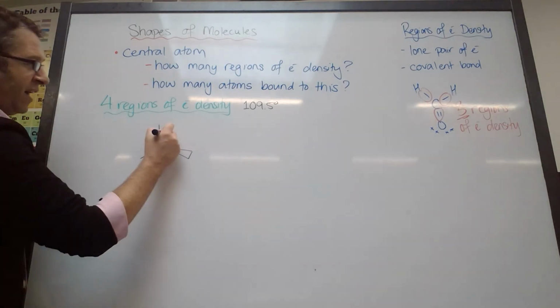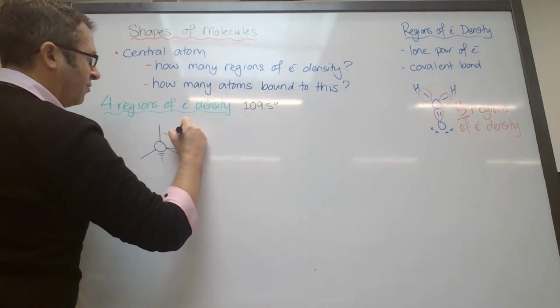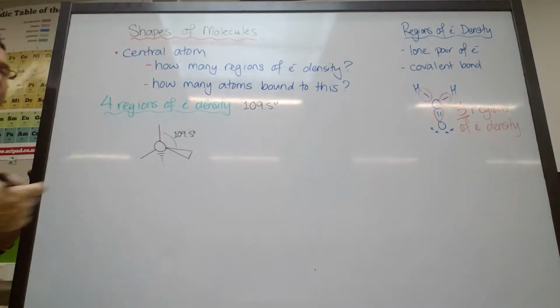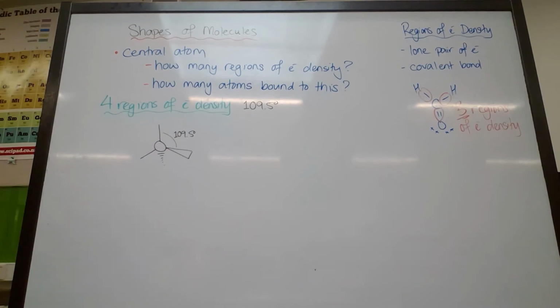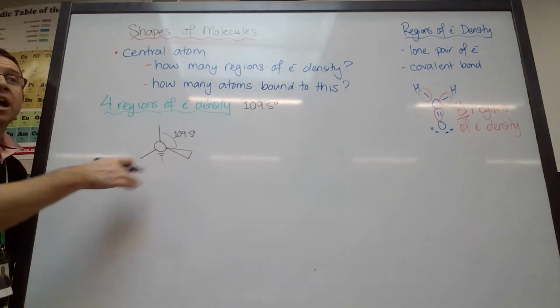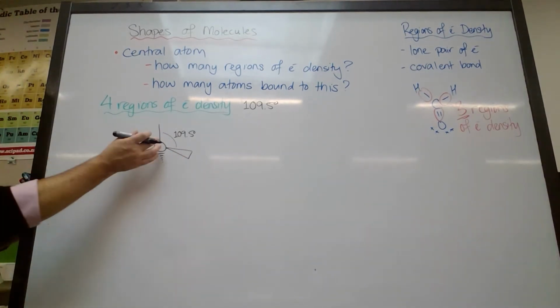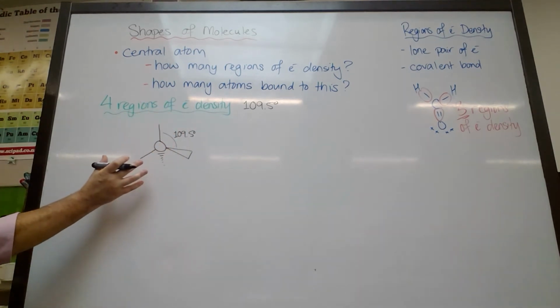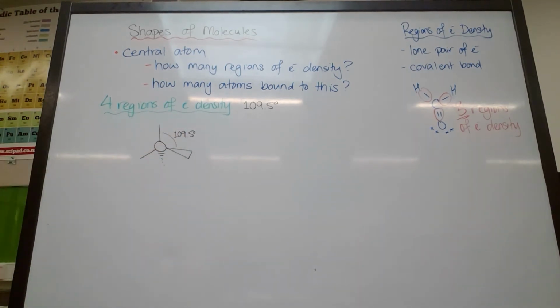The angle between these will be 109.5. Now in year 13 we refine that because of the repulsion of lone pairs being a lot more. But because these are regions of electron density that are all negative, they repel each other. So to get as far away from each other as they can, the bond angle is 109.5 for all of these.